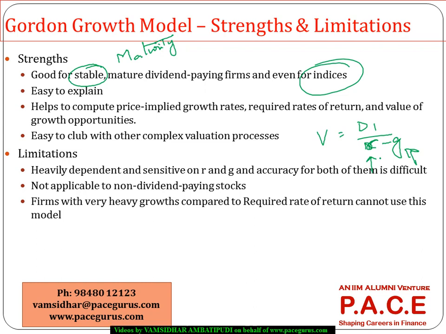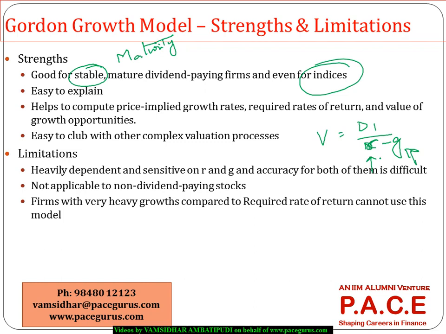Alright. So now let's get into the next set of models, which are improvements over the Gordon growth model, because the Gordon growth model straightforwardly assumes that from the next period onwards the growth is going to be constant for an infinite period.